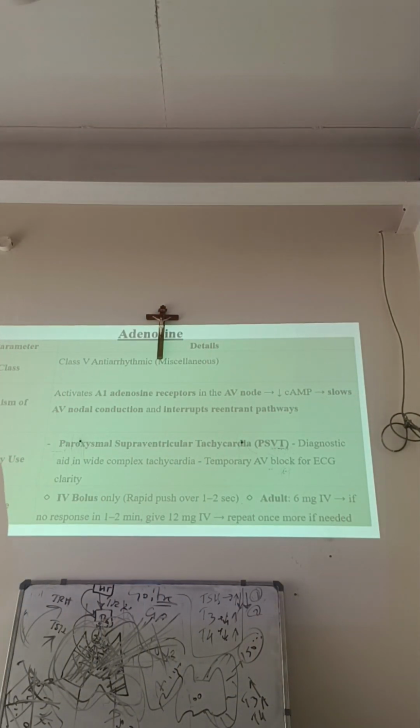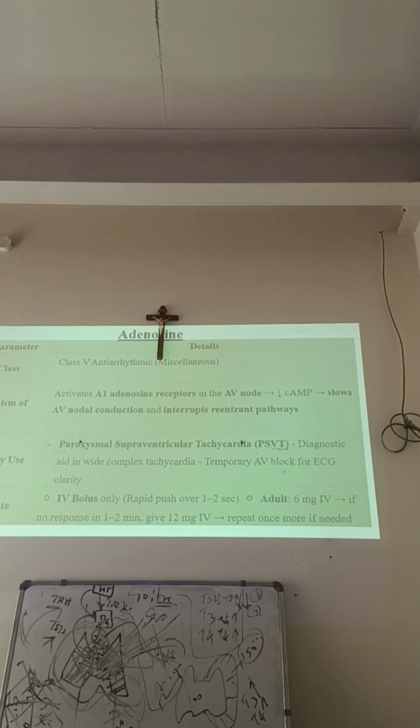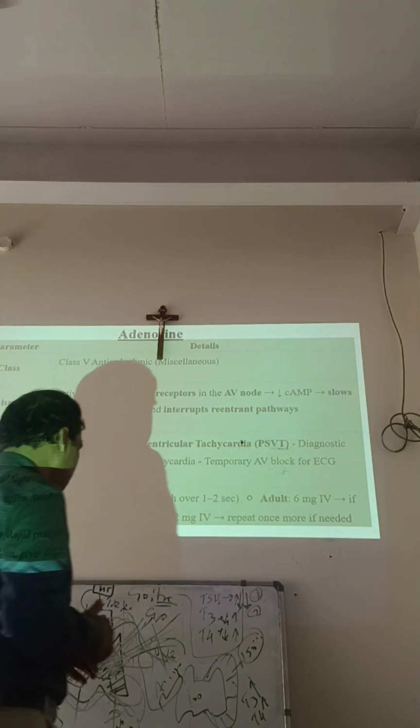So even if you don't write any class for this, we don't mind. You have to at least write antiarrhythmic. Mechanism: it acts on the A1 adenosine receptor on the AV node, then decreases cyclic AMP, slows the AV nodal conduction and interrupts the re-entrant pathway.